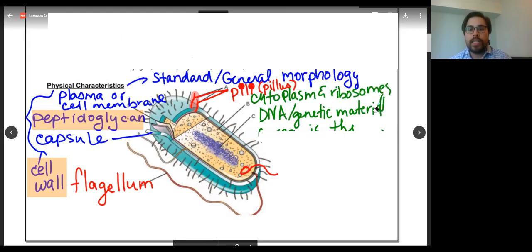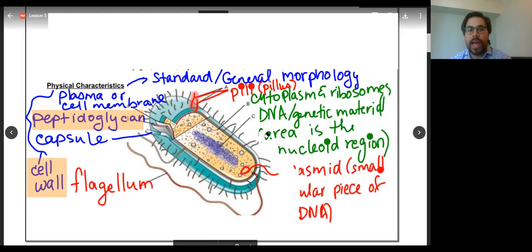When we think about the DNA inside of a bacterial cell, it's very important to recognize that there are two components we need to consider. The first is that the bacteria's DNA does not have a nucleus. There's no nucleus surrounding that DNA. It's just the cytoplasm, ribosomes, a couple of other organelles, and then the DNA or genetic material.